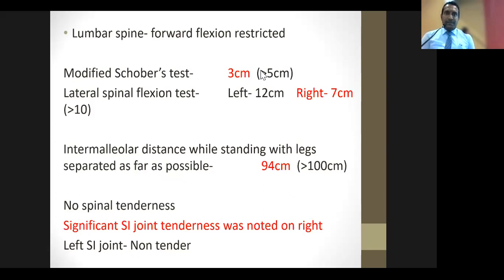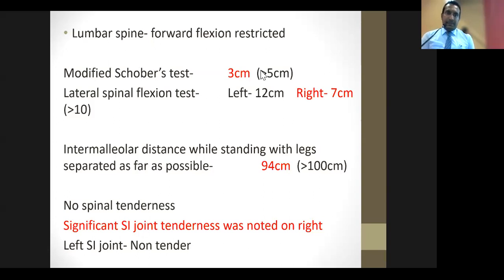The forward flexion was restricted, apparently. Modified Schober's test showed only 3 centimeters, which was significant. And the lateral spinal flexion test, on the left side, it was normal. It was 12 centimeters. On the right side, it was 7 centimeters, which was significant. Intermalleolar distance while standing with legs separated was again significant, less than 100.